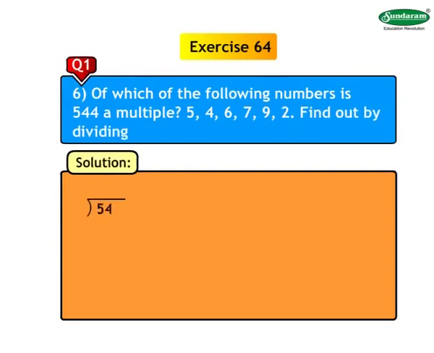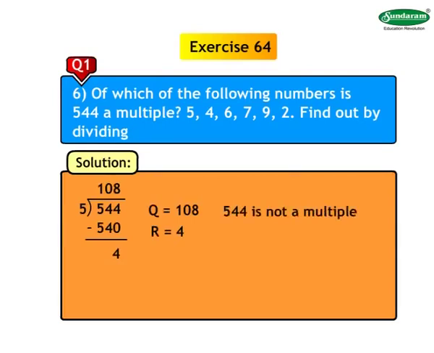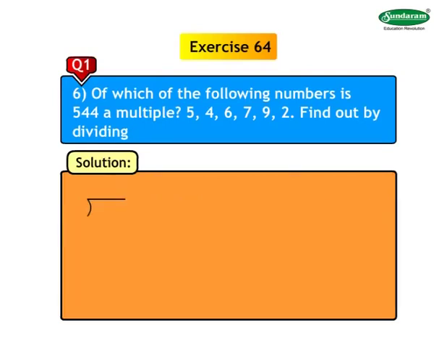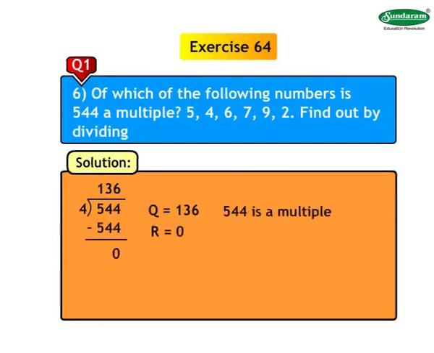Dividing 544 by 5, we cannot divide 544 completely by 5 because quotient is equal to 108. Remainder is equal to 4. 544 is not a multiple of 5. 544 divided by 4, quotient is equal to 136. Remainder is equal to 0. 544 is a multiple of 4.